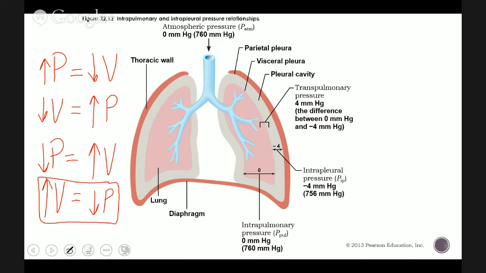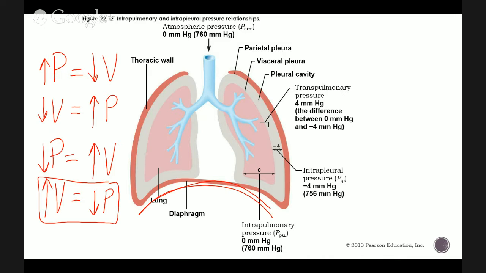So we have this muscle down here called the diaphragm, right? What does the diaphragm do when it contracts? Does it move up or down? When you're breathing out, it goes up and down. But when a muscle contracts, it only moves in one direction.